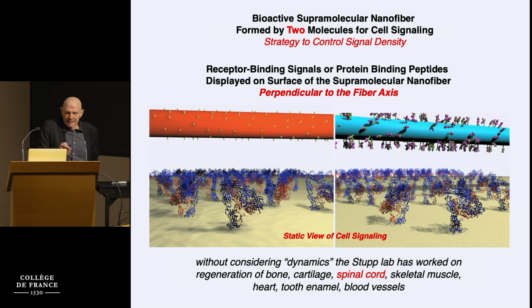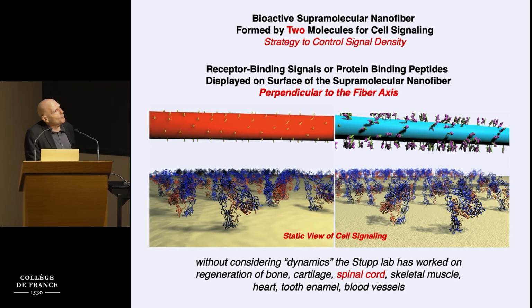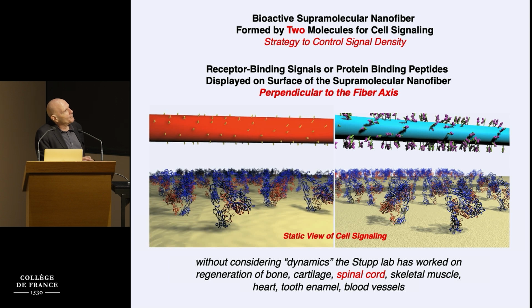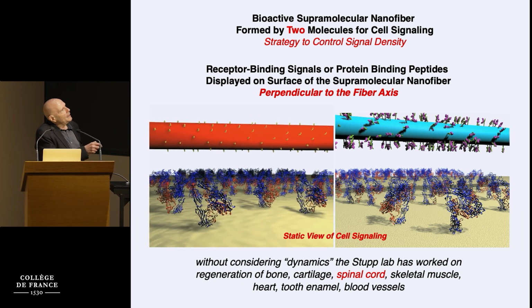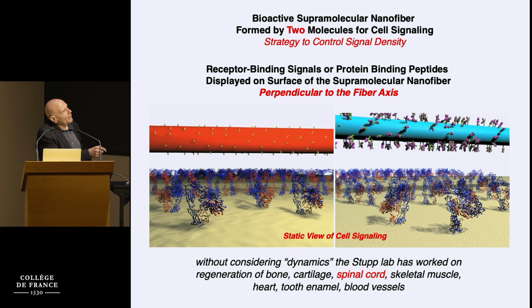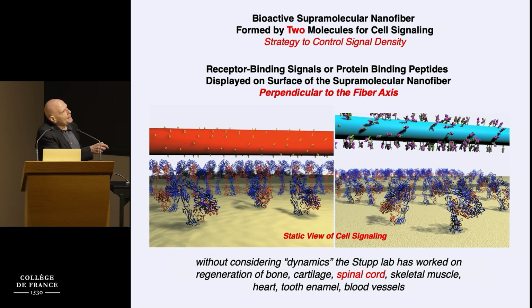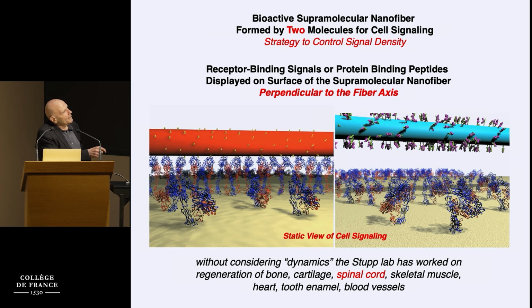So how do these systems signal? Well, this is a static view of cell signaling, sort of. So here are the receptors. Here is a fiber with co-assembly of two molecules making the red background, and then another one with signals in yellow, and they're the ones that are targeting the receptors.